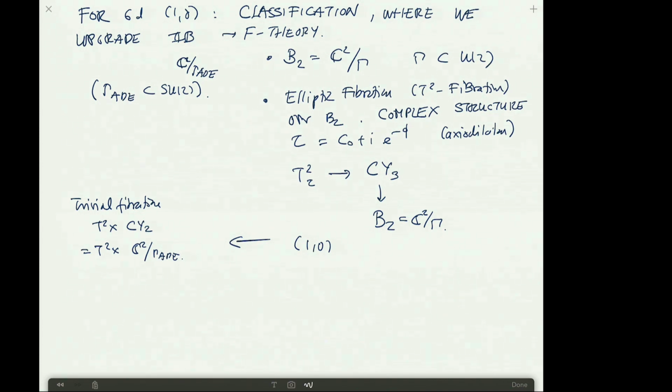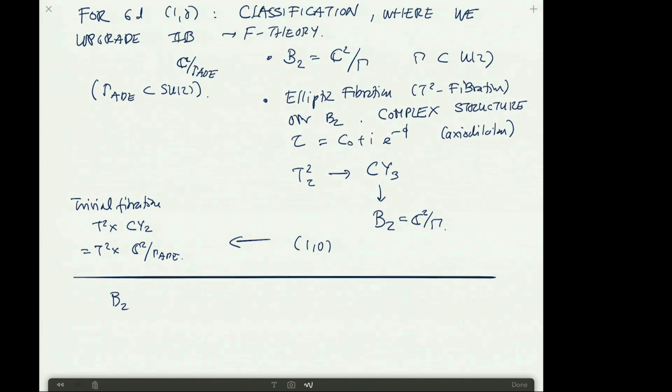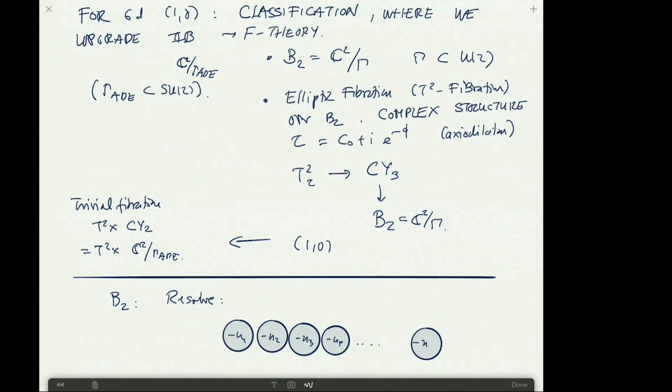So, in fact, these B2s, when you resolve these, morally speaking are also a collection of P1s, but they now have some different self-intersections. So these are also P1s, but the self-intersection of these is now minus n_i, and that doesn't have to be minus 2.